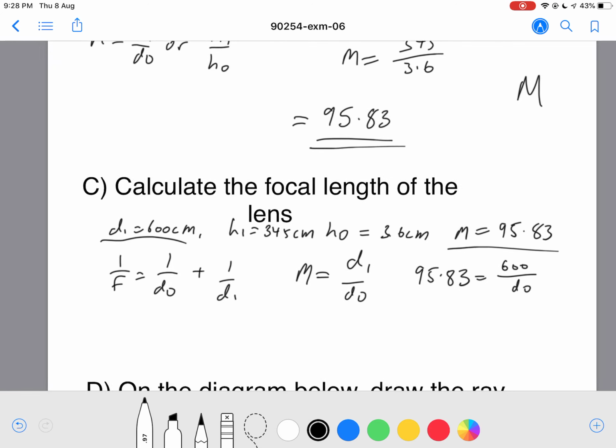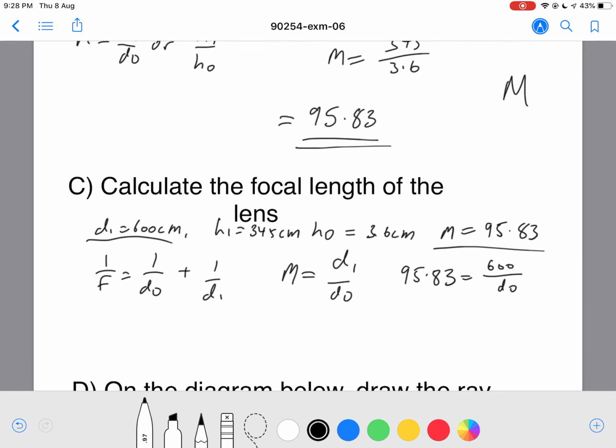If we move do to the other side, that becomes 95.83 do equals 600. Therefore, your do comes out to be 6.26 centimeters. Now that we have our do, we can substitute back into our focal length equation and find the focal length of the lens.